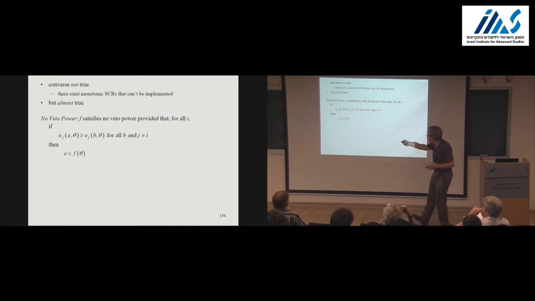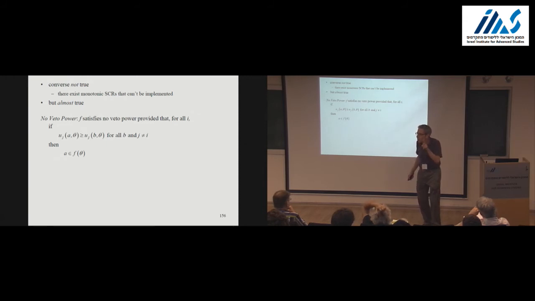So to find an outcome A which satisfies this condition, so that A is top ranked for all but one person, is impossible, because if I think A is top ranked, that means I'm getting all the private good and you're not. And so no two people can agree that A is top ranked. And so in those circumstances, no veto power is satisfied automatically because the hypothesis can't be satisfied.